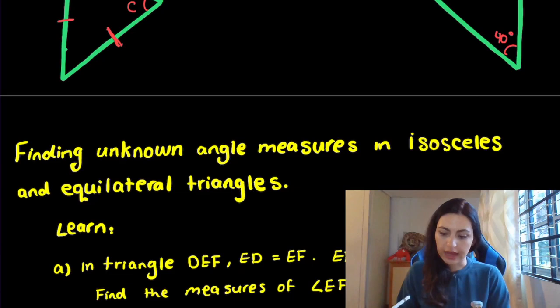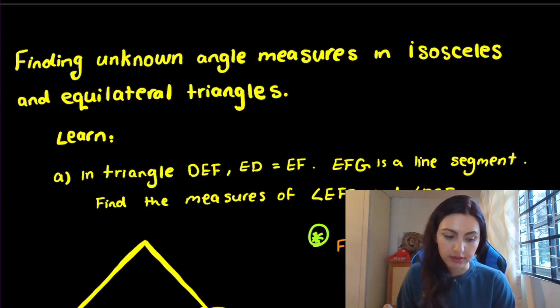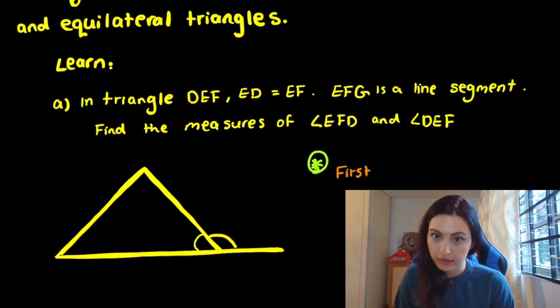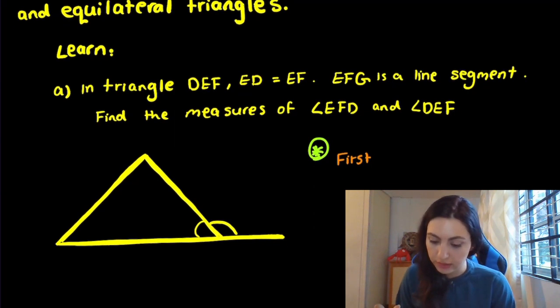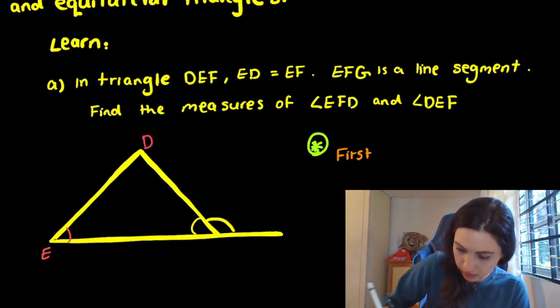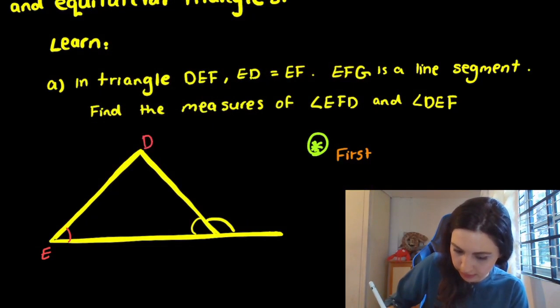Okay? After doing that question, we're moving on to finding unknown angle measures in isosceles and equilateral triangles. The learning part for this part of the lesson: in triangle DEF, I'm going to call them D, E, F, and this one is G. I'm going to make my pen a bit thicker so you can see.